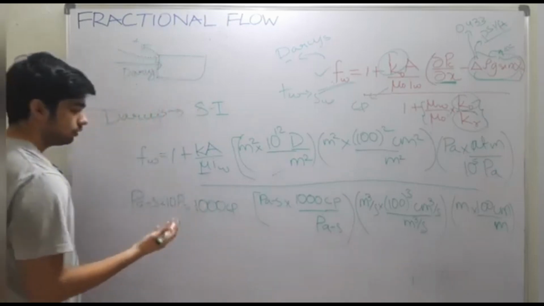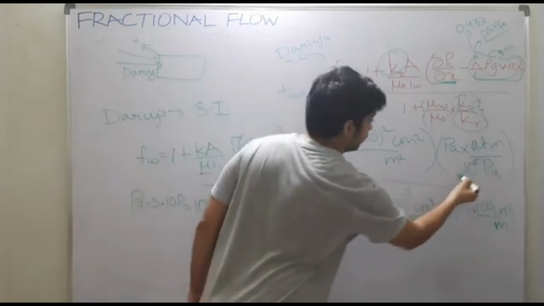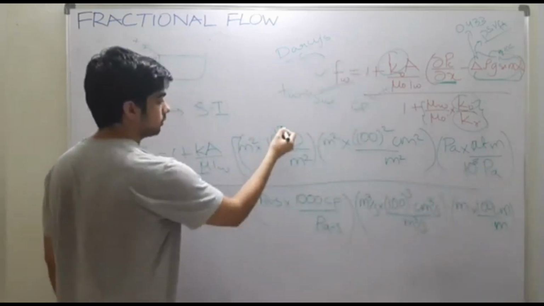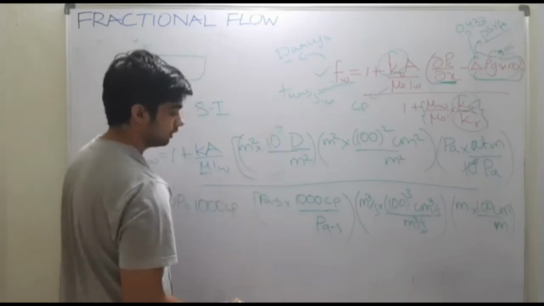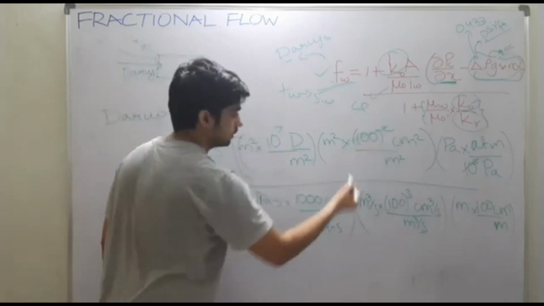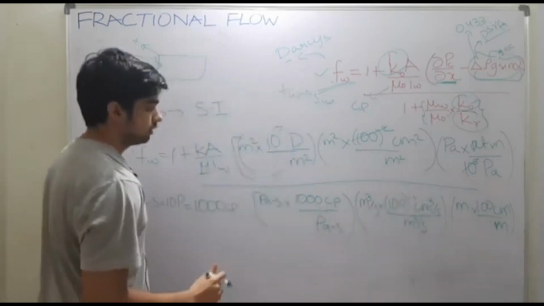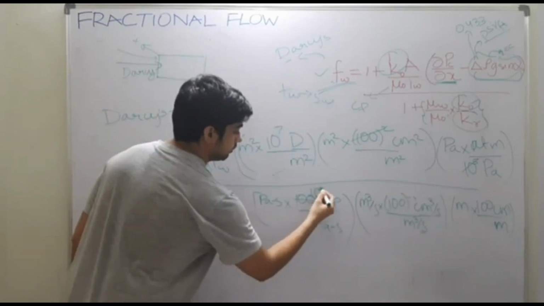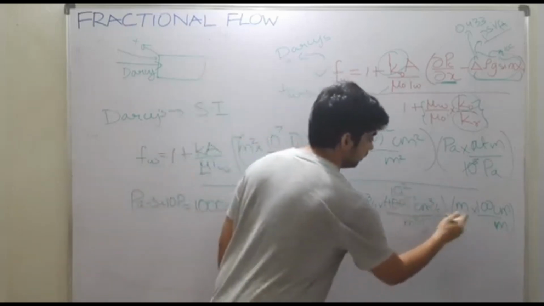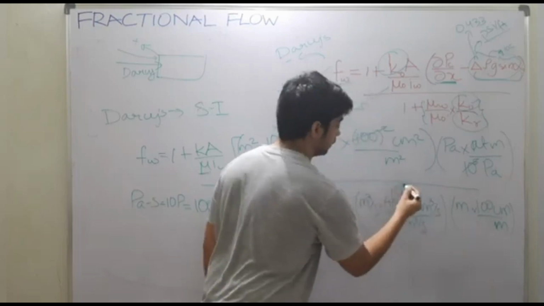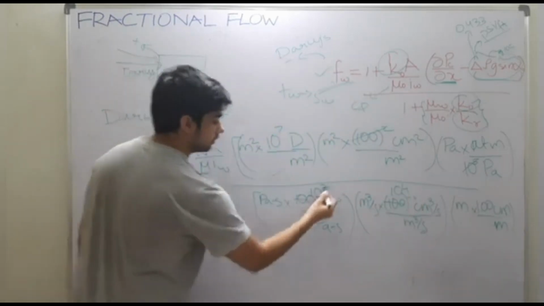Alright, so if you do the calculation, first of all we'll cut 10 to the power 5. This will be your 10 to the power 7. And we'll cut this thing with this. So this will be equal to 10 to the power 3, 10 to the power 2, and you have a 10 to the power 2 again, so 10 to the power 4. So 3 plus 4 is 7.